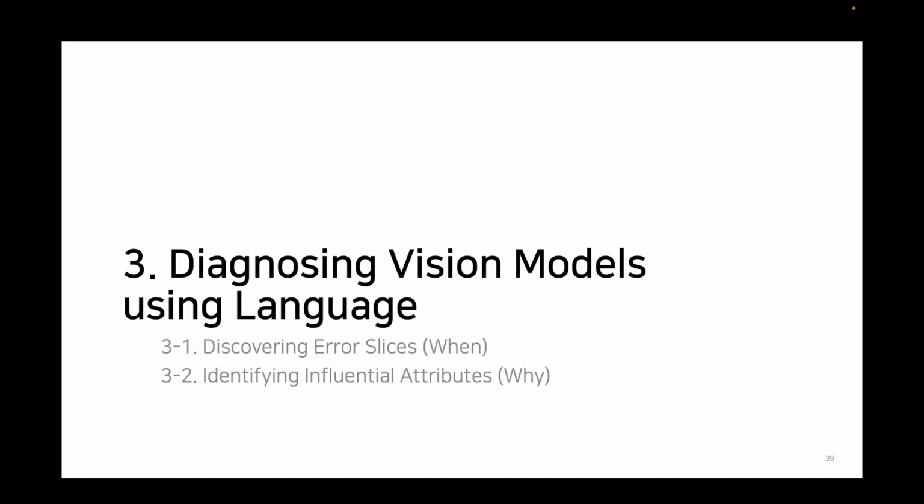So then, for diagnosing vision models using language, they propose to discover error slices for when the model fails and identify influential attributes for why the model fails.